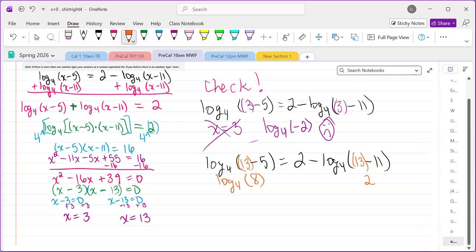I can do log base 4 of 8. I can do log base 4 of 2. They're not pretty numbers. They're ugly decimals, but they're real numbers. So that means the only solution to this equation is x equals 13.